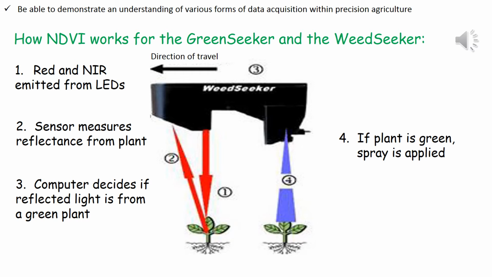A sensor in the weed seeker then measures the amount of reflectance from both the plant and the ground. Because the ground and plant will have different reflectance values, the computer can determine if the reflected light is from a plant. If this is the case, a quick-fire solenoid valve is activated to spray the plant with herbicide. In the green seeker, the computer would be determining how green the plant is and whether or not fertilizer is required.